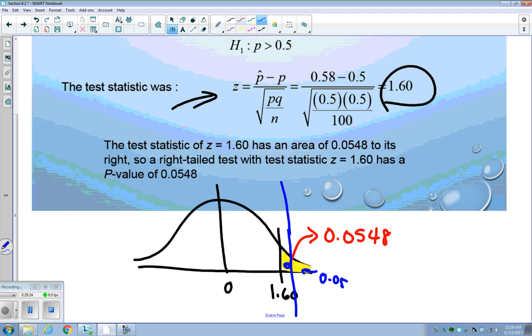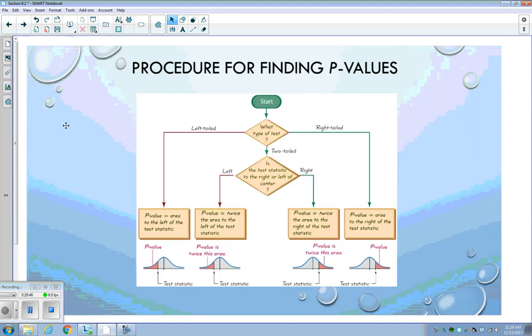This was a one-tail test, so here's where my null hypothesis is. I would fail to reject that. So this is the procedure for finding your p-values.